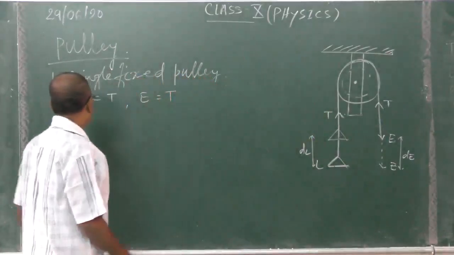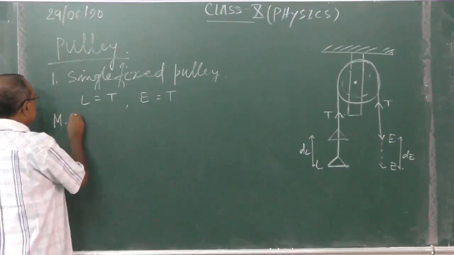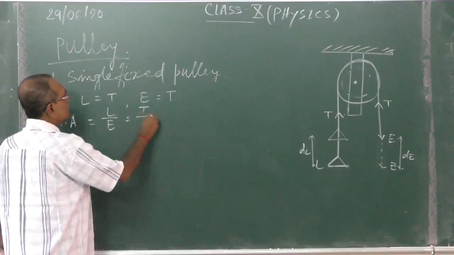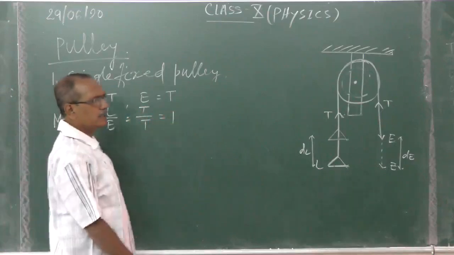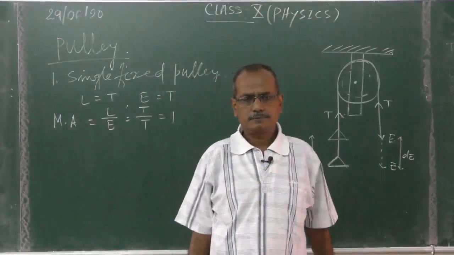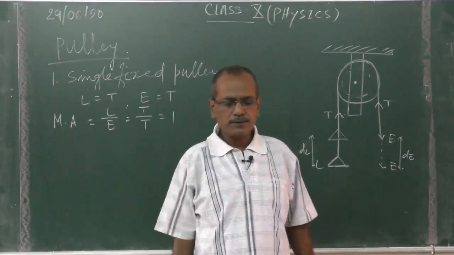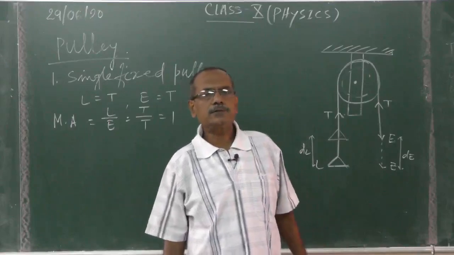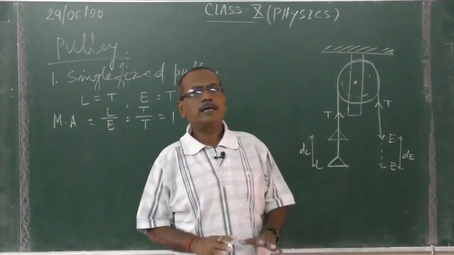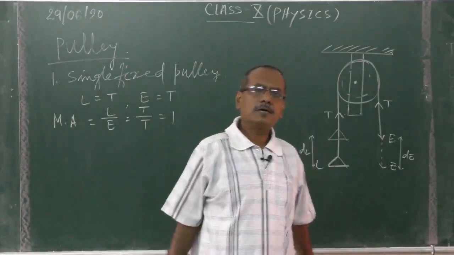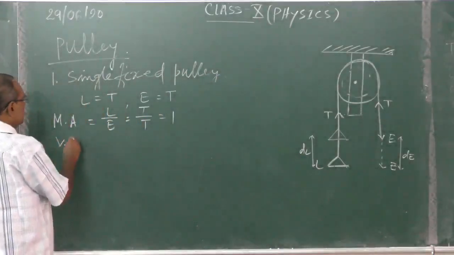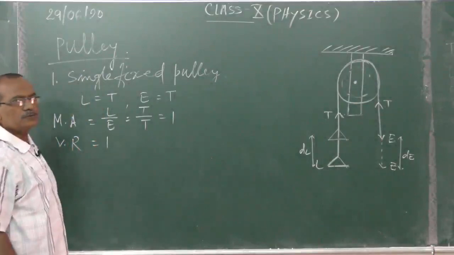The mechanical advantage, load by effort, is equal to T by T. Mechanical advantage for single fixed pulley is always 1. Now, as we know, for an ideal machine, mechanical advantage is equal to velocity ratio. So therefore, obviously here velocity ratio is equal to 1.